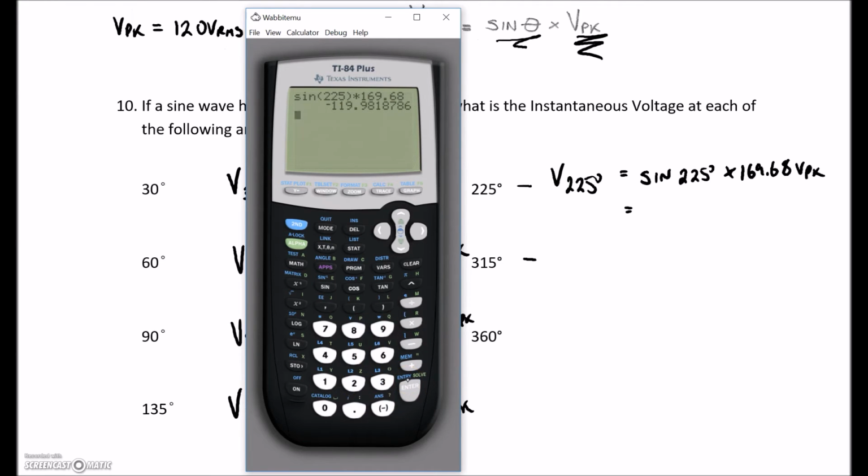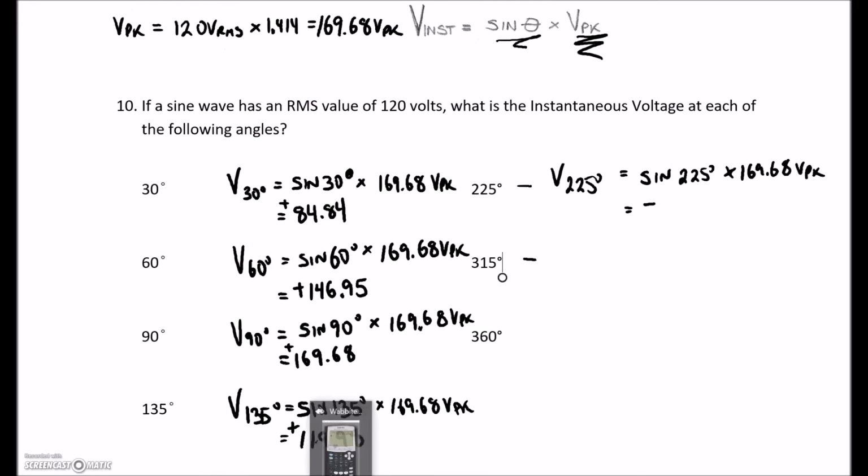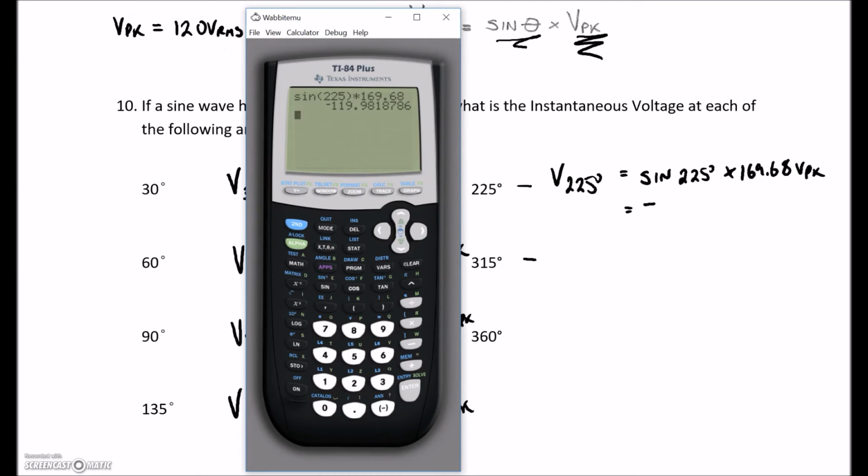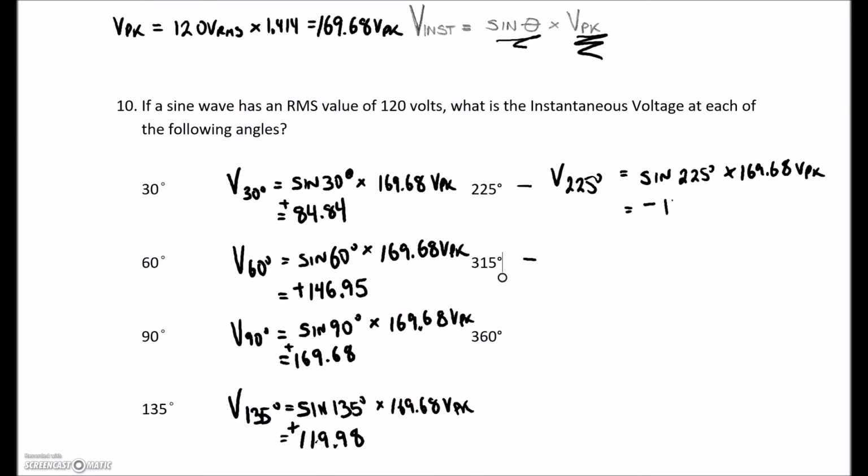And again, that gives us minus, right? So we already kept that in mind, right? So it's going to give us negative 119.98. So that gives us our negative voltage RMS.